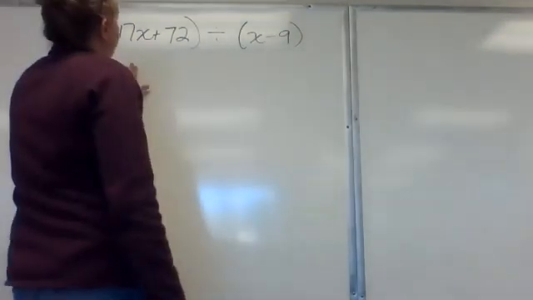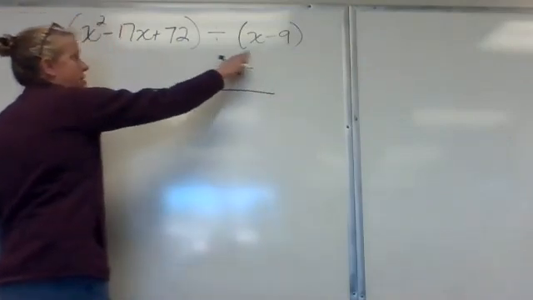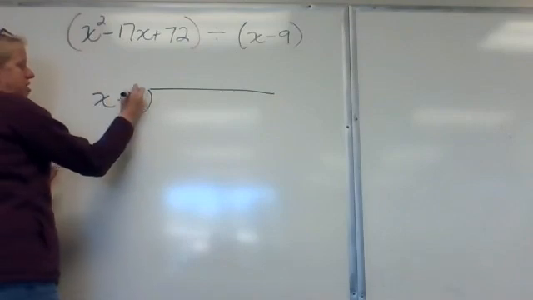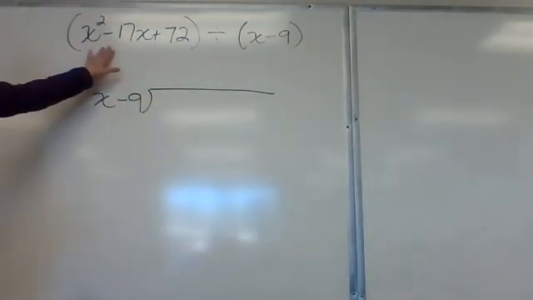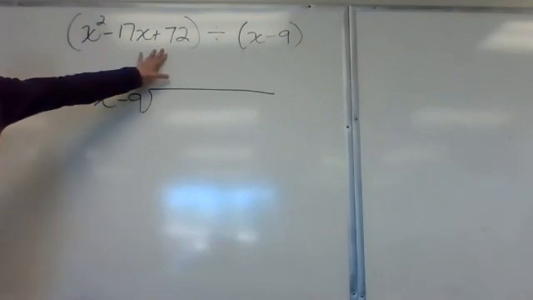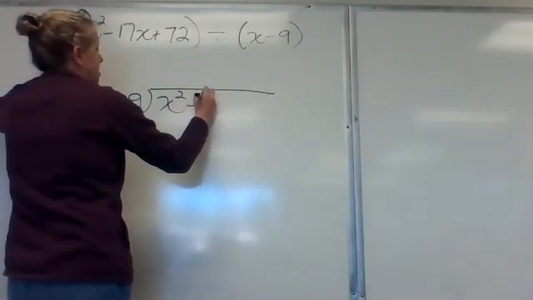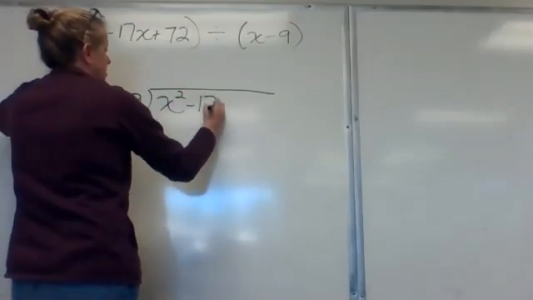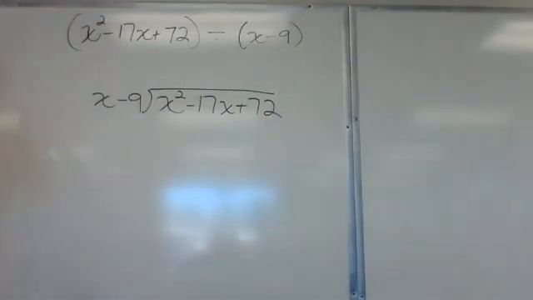So they wrote it a little different. Okay, I can still work this as long division. Whatever you're dividing by comes out here. This is what comes underneath. So I've got x squared minus 17x plus 72.